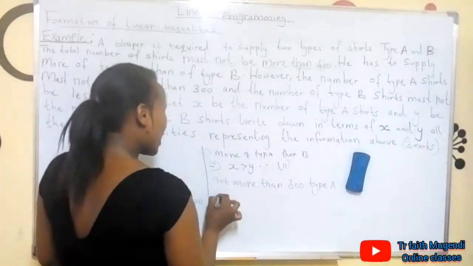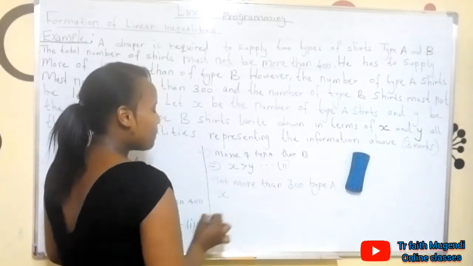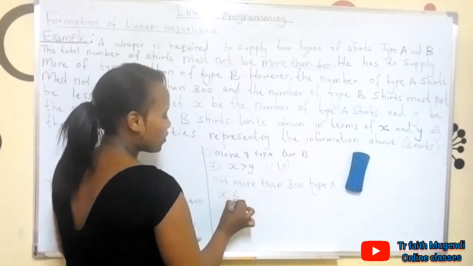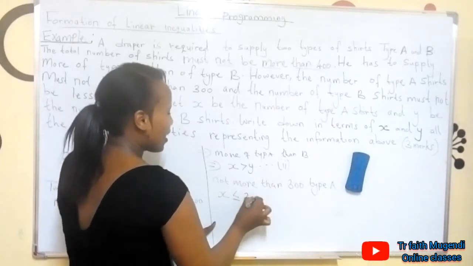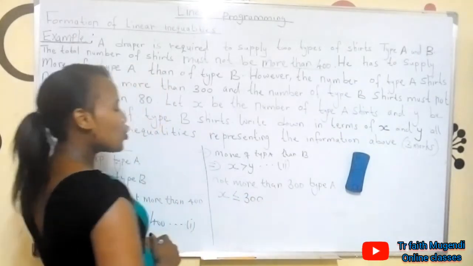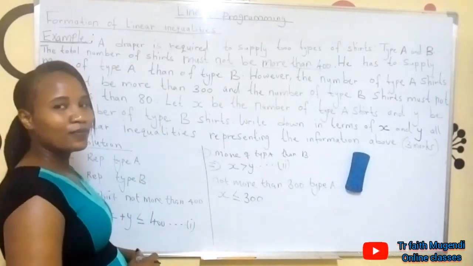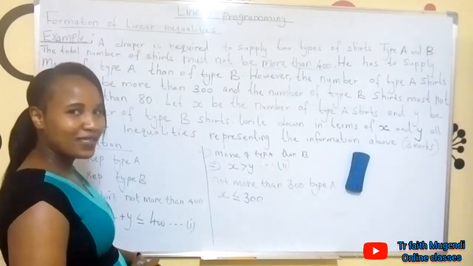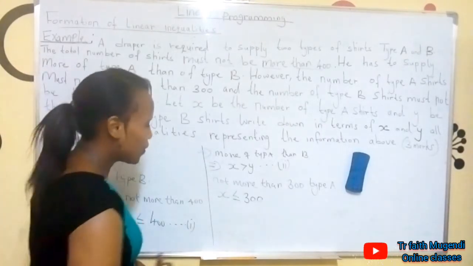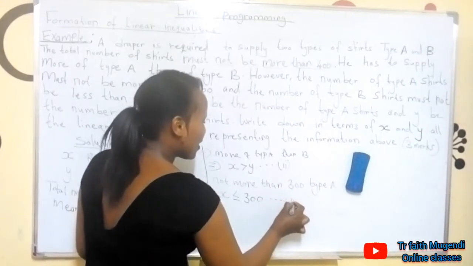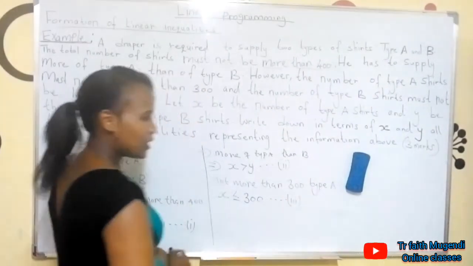So we are talking of x being less than or equal to 300, not more than. And this one is the third inequality.